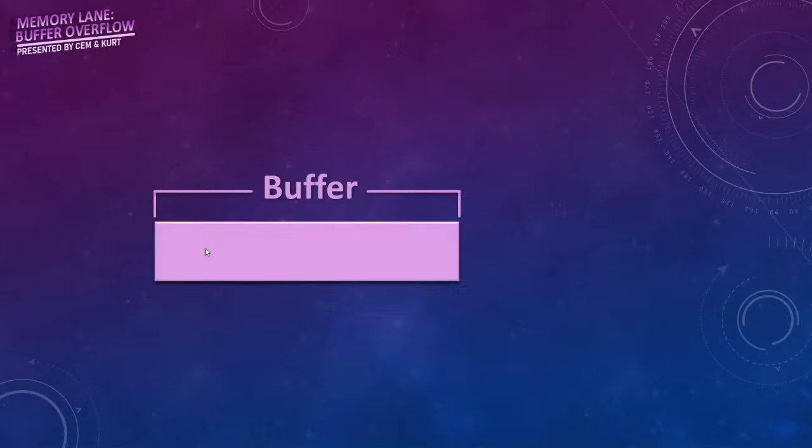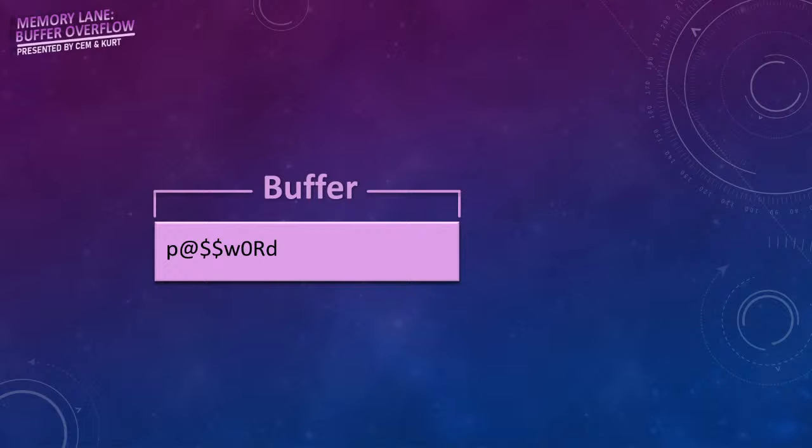Okay, so before we dive down memory lane, I want to give a very brief and simple buffer overflow explanation. First, what is a buffer? To put it simply, it's a region of memory storage used to temporarily store some data. So for example, a buffer could take a password entry before moving the data elsewhere.